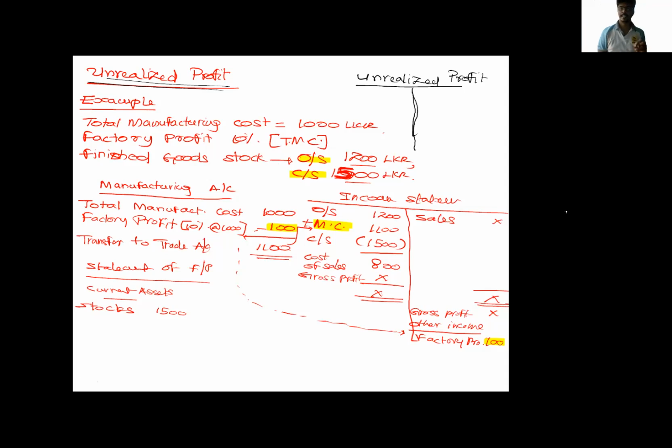Now, ladies and gentlemen, can you tell me please, if the company's policy is having a 10% profit on the manufacturing cost, how much of profit belongs to this 1,200 and how much of profit belongs to this 1,500? මෙතන opening stock එක ඇතුලේ කීයක් තියෙන්න ඕනේද? factory cost එක. දැන් මේ 1200 ඇතුලේ ලාභය කීයක් තියෙනවද?